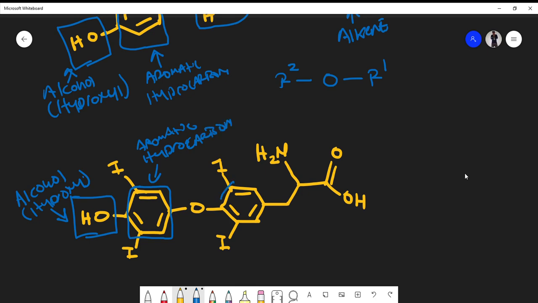Again, we see the same ring on this side as well, right? So these two are the same aromatic hydrocarbon. Now we do see an oxygen sandwiched in between two carbons, and you could guess what this is. This is your ether again.